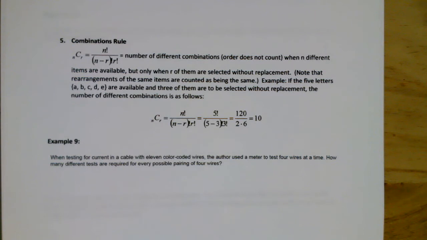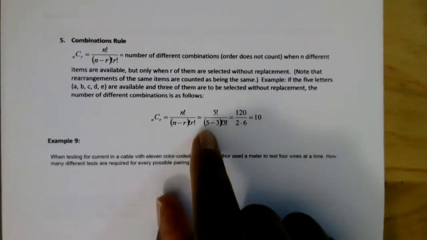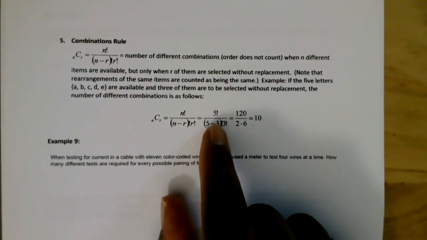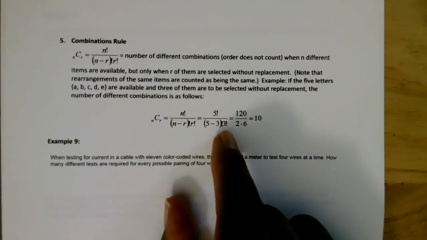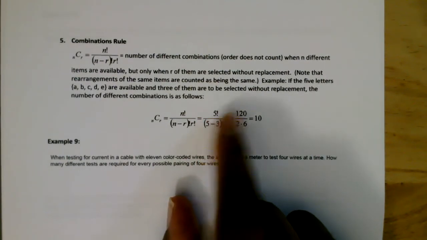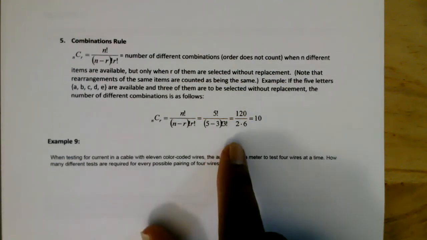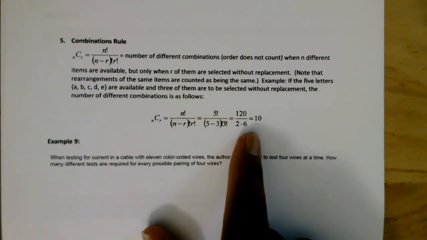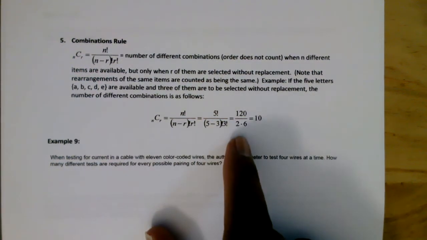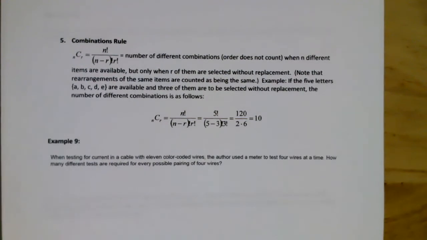So r is 3. 5 factorial divided by the quantity 5 minus 3 factorial times 3 factorial. 5 factorial is 120. Now 5 minus 3 will be 2, but 2 factorial will be 2. 3 factorial will be 6. 120 divided by 12 will be 10.